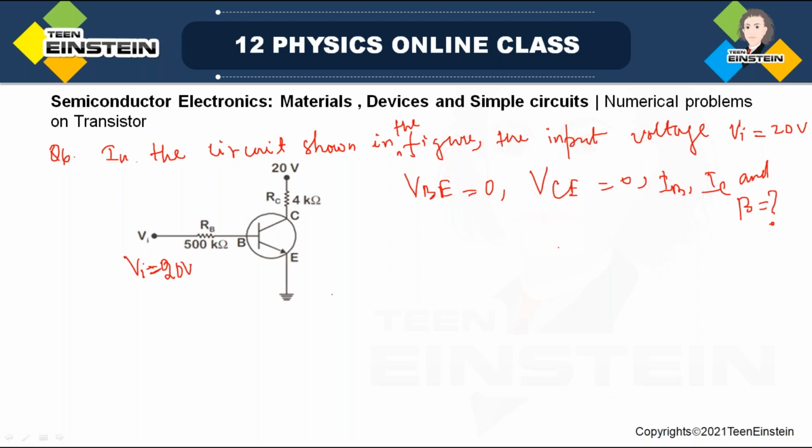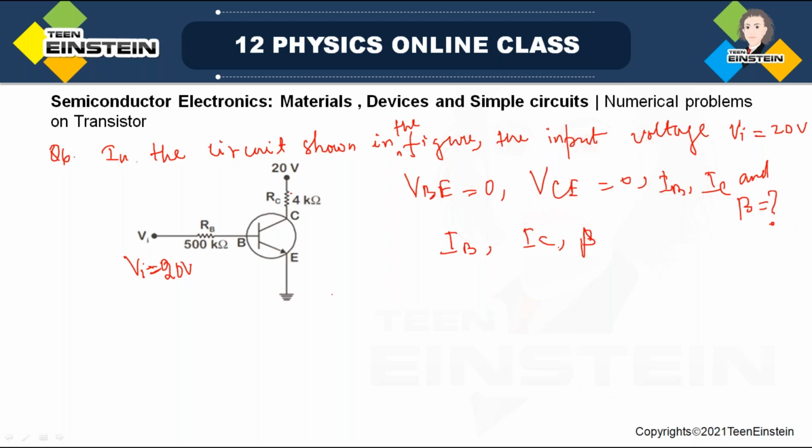This is the resistance RB given, and here this is also connected with the battery 20 volt, and RC 4 kilo ohm is given. Now you have to find out the value of IB, IC, and beta. So first of all, what is IB, what is IC, and what is beta?